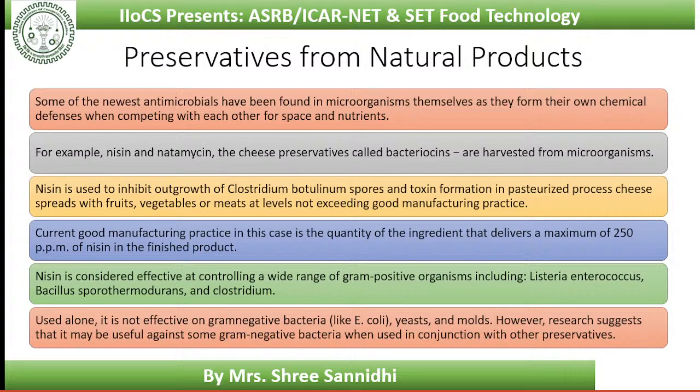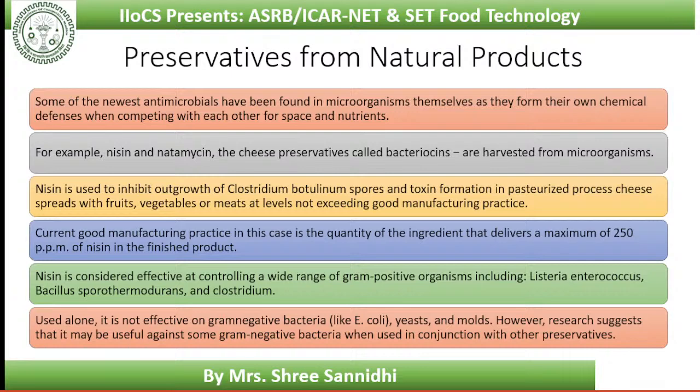Niacin is used to inhibit the outgrowth of Clostridium botulinum spores and toxin formation in pasteurized processed cheese spreads with fruits, vegetables or meats at levels not exceeding good manufacturing practices.